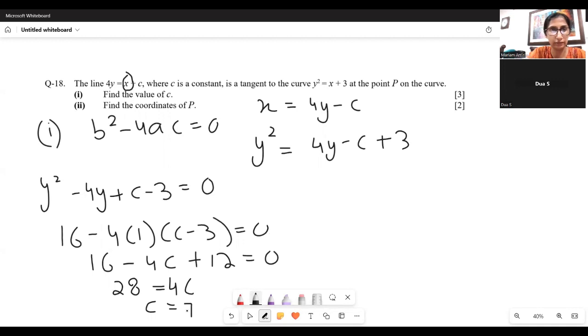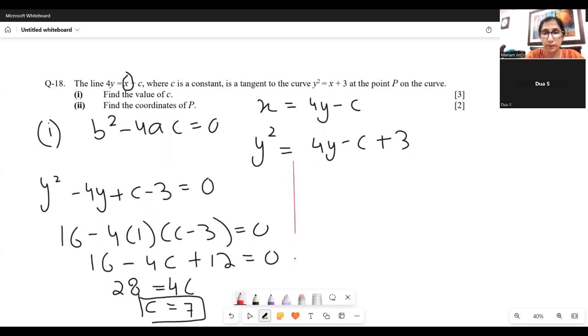I have a feeling I've made a mistake somewhere. I think 7 was the answer. It was, right? Sorry, C equals 7. Okay, that's part 1.